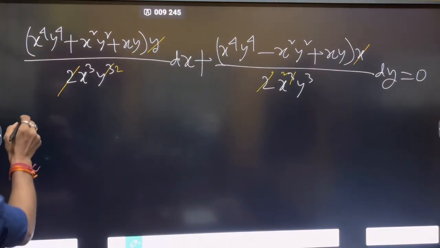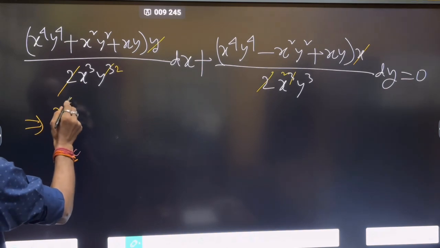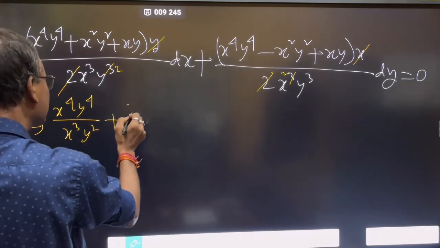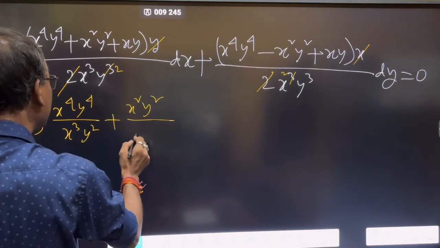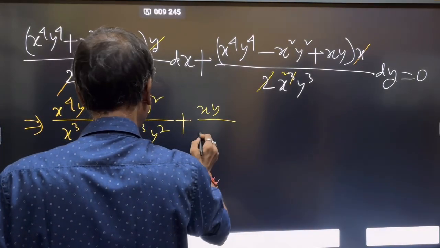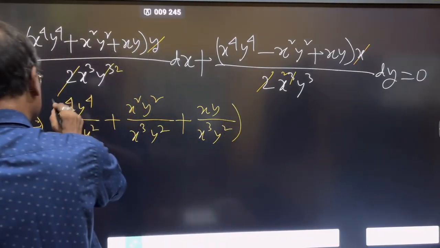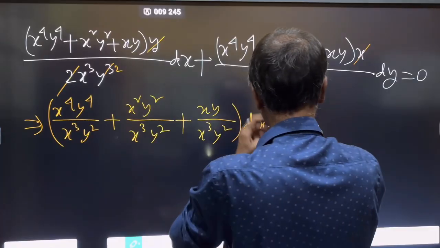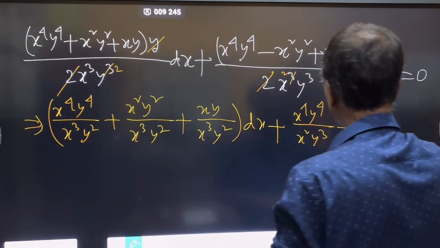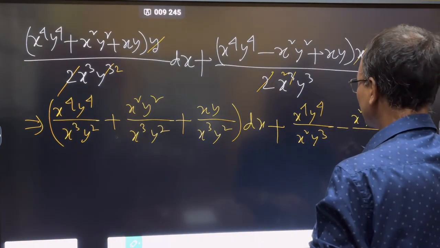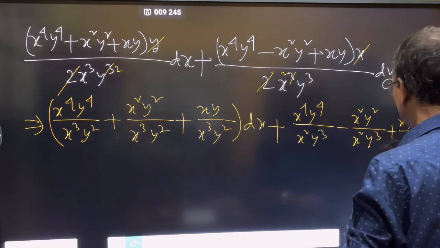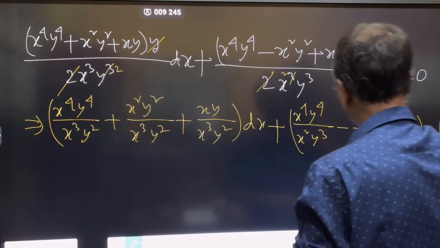Now this can be written as x to the power 4 y to the power 4 by x cube y square plus x square y square divided by x cube y square plus xy divided by x cube y square dx plus x to the power 4 y to the power 4 divided by x square y cube minus x square y square divided by x square y cube plus xy divided by x square y cube dy equal to 0.